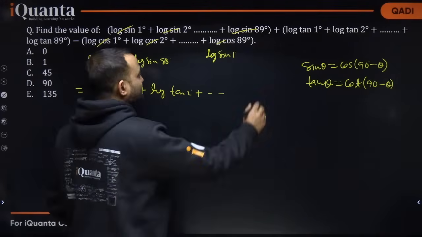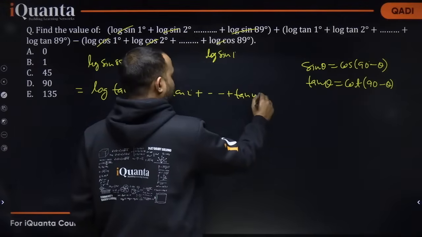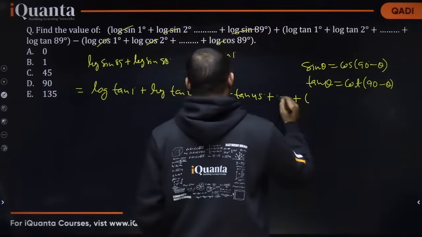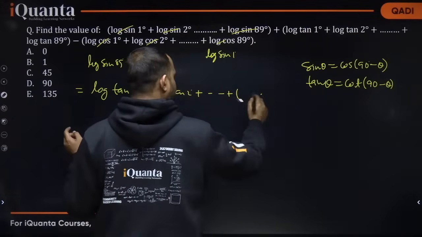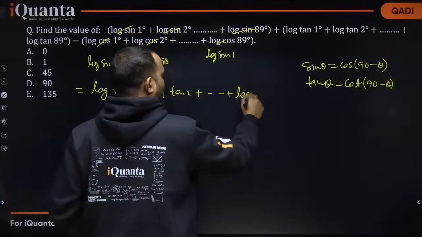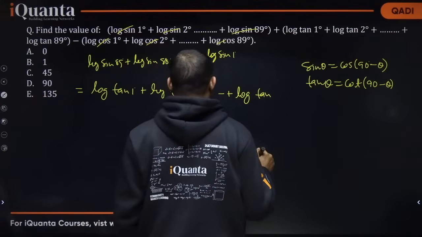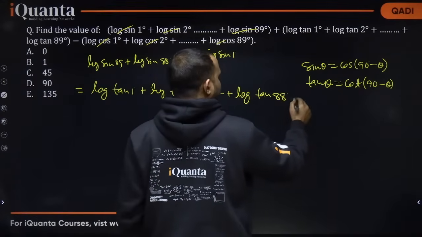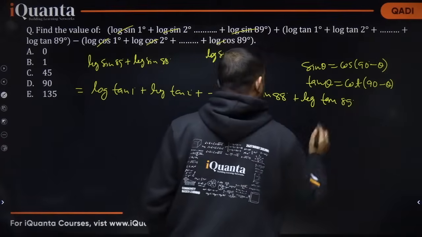So at the end, in between there will be tan 45 degrees plus, then we can say it will be not only tan, it will be log tan 88 degrees plus log tan 89 degrees.